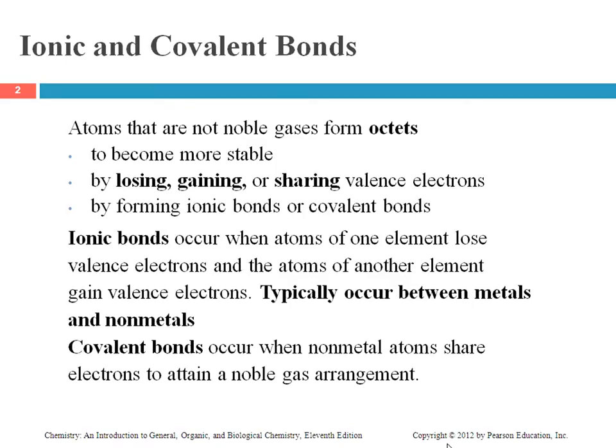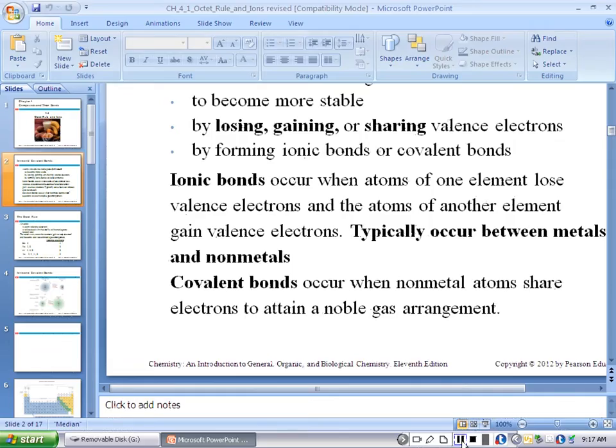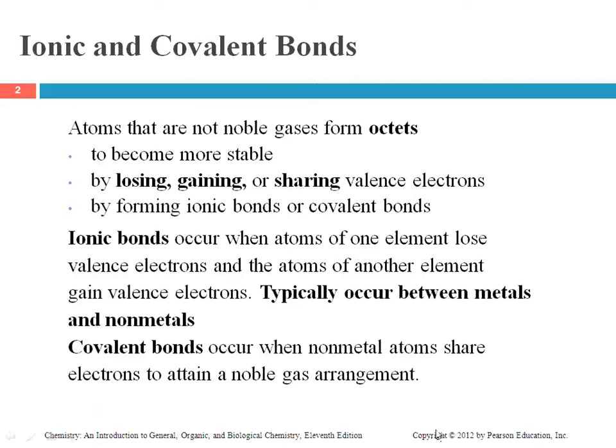Okay, and so basically an ionic bond is the transfer of electrons. And usually this occurs between a metal and a non-metal.